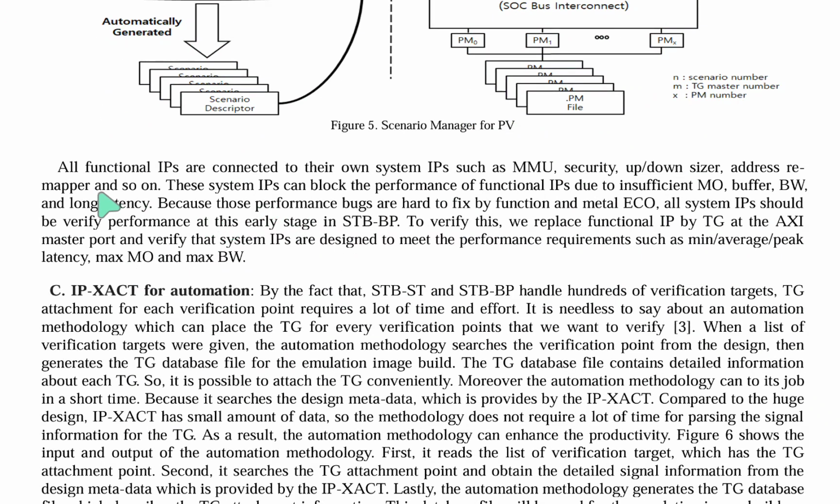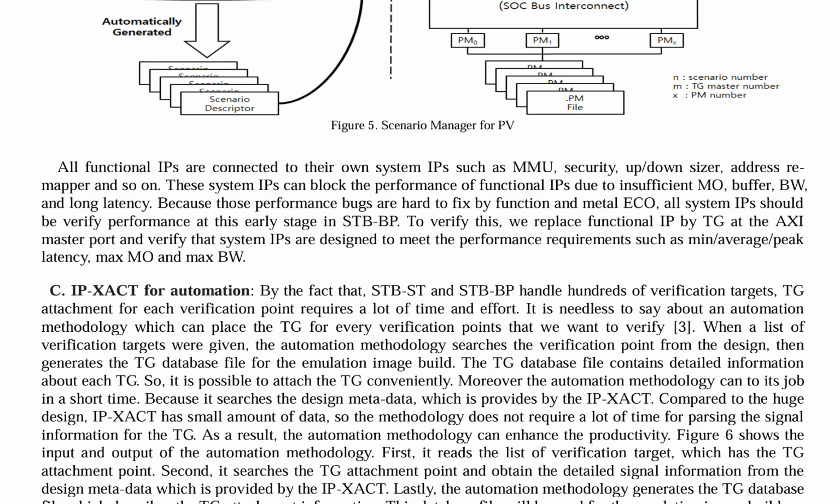All functional IPs are connected to their own system IPs, such as MMU, security, up-down sizer, address remapper, and so on. These system IPs can block the performance of functional IPs due to insufficient MO, buffer, bandwidth, and long latency.